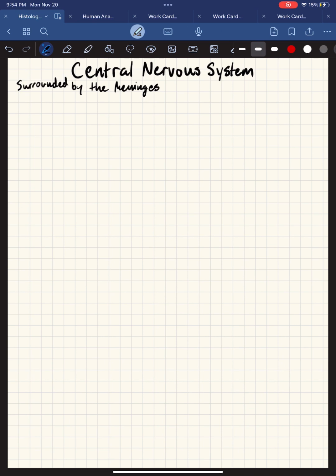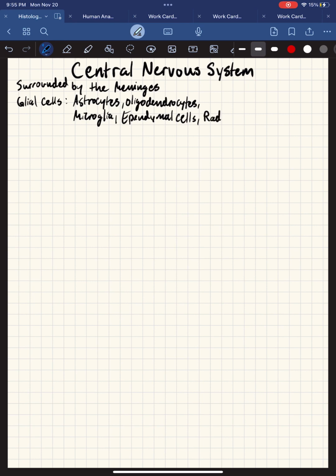And then the main glial cells are going to be the astrocytes, oligodendrocytes, microglia, ependymal cells, and again, if I mispronounce anything, sorry, deal with it. Ependymal cells and radial cells.